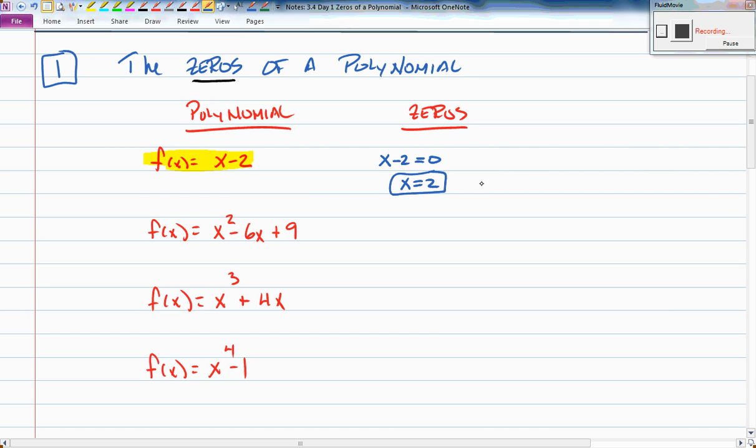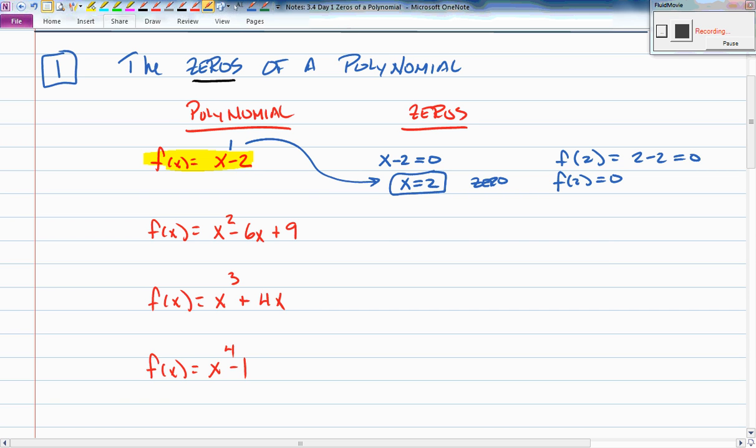So 2 is what we call a zero of this particular polynomial function because when I plug in f of 2, notice I would get 2 minus 2, which gives me 0. So f of 2 would give me 0. So this polynomial function, notice it has a degree of 1 and it has exactly 1 zero.